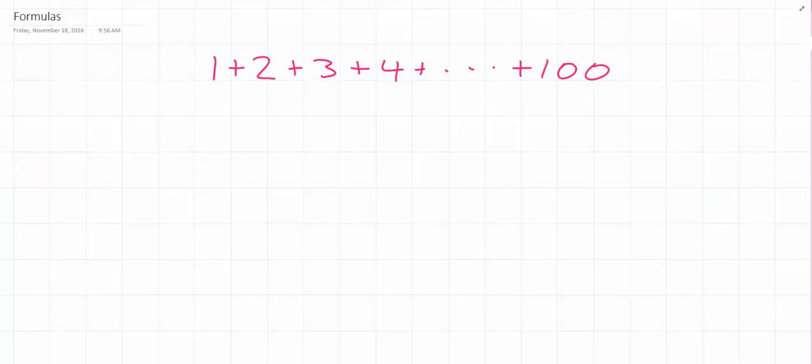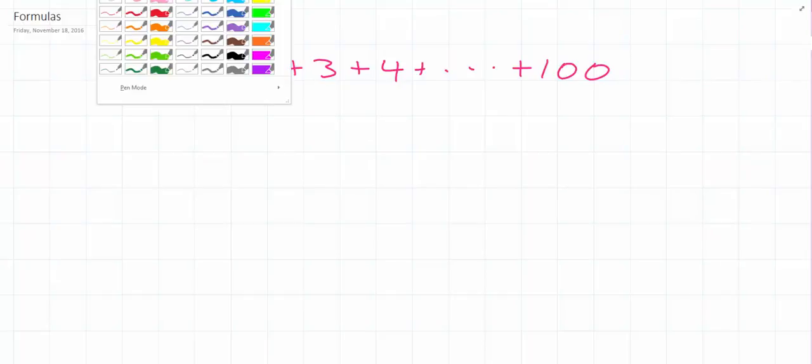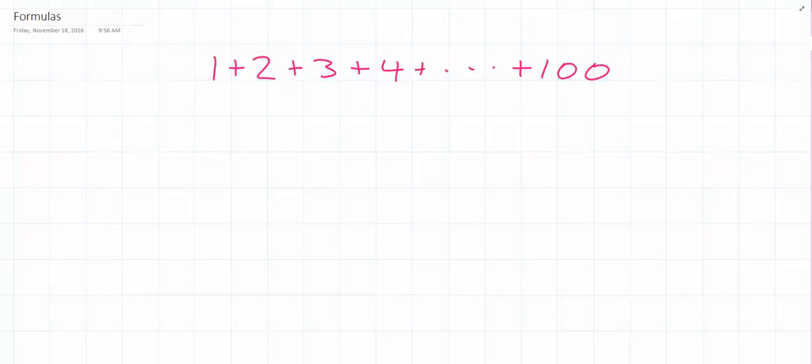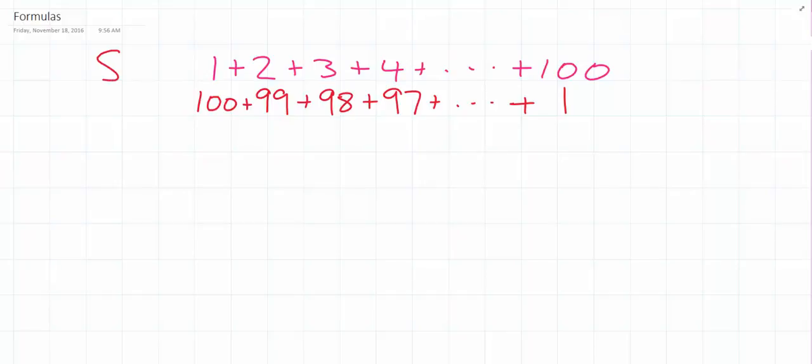If you just say, okay, 1 plus 2 plus 3, and you add up all that, that's cumbersome. Now, one of the things you could do, and like I say, this is a popular example, you could say, well, what about this? This is the same thing, isn't it? Plus 1. That's the same sum, isn't it? I'm just listing it backwards. So here's the sum, and here's the sum. These are both the same, right? You might say, why would you do such a thing? Well, because I could add these. I could double the sum.